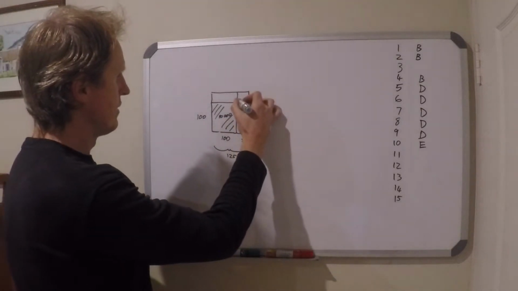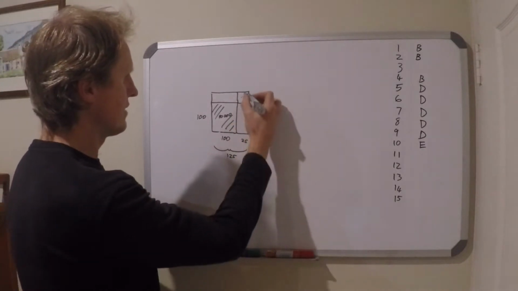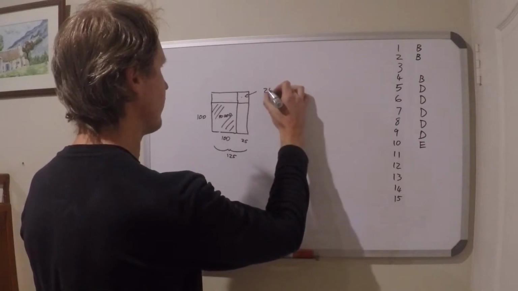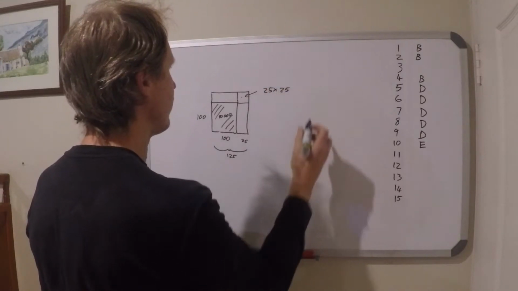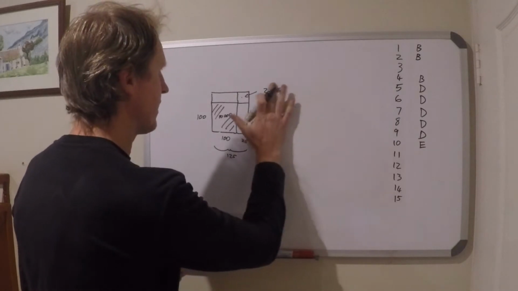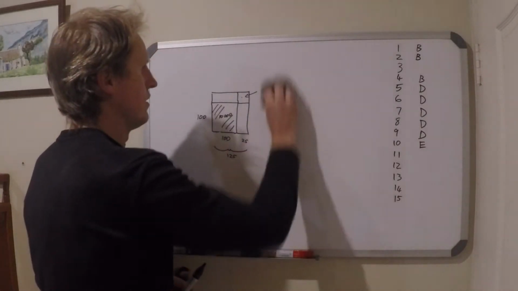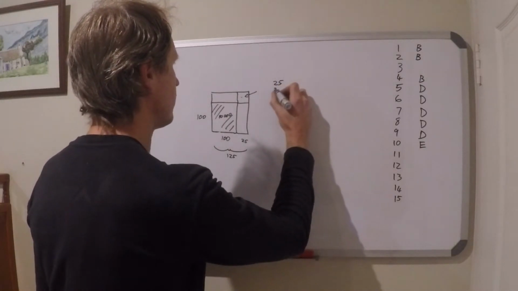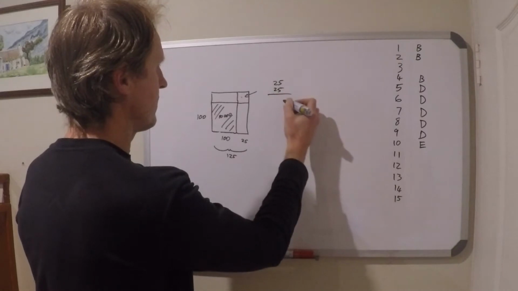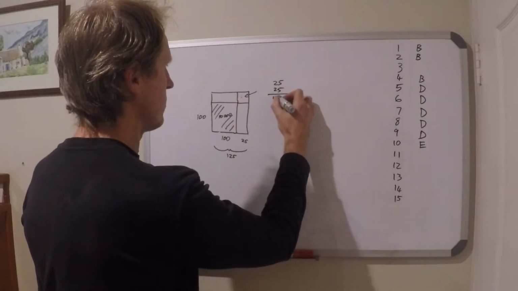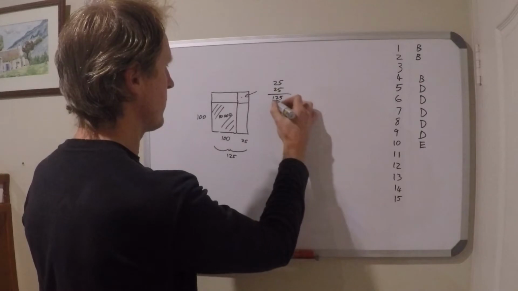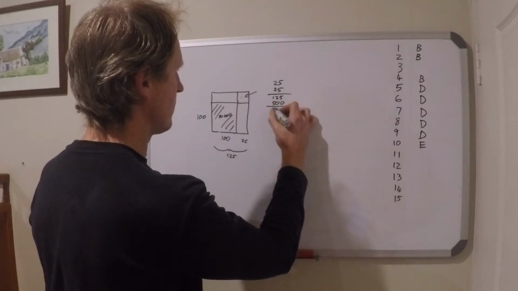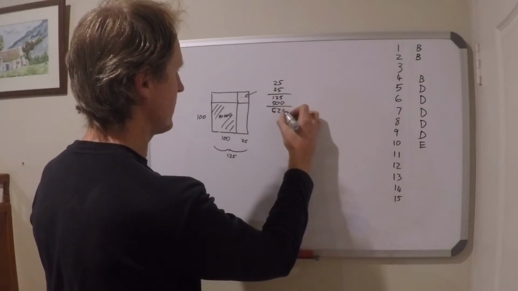Over here, this square has an area of 25 times 25, so let's calculate that with long multiplication. 5 times 25 is 125, 2 times 25 is 50, so that's 625.